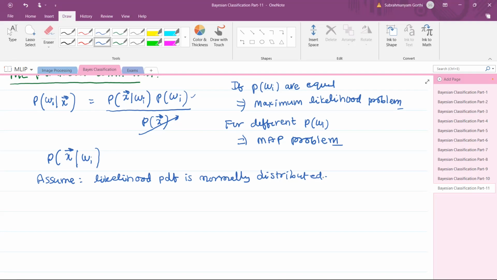Which parameters should I know to compute probability of x bar given omega i, the likelihood value for a given x bar? Mean and variance. Correct. Mean and variance of the normal distribution of this likelihood function.